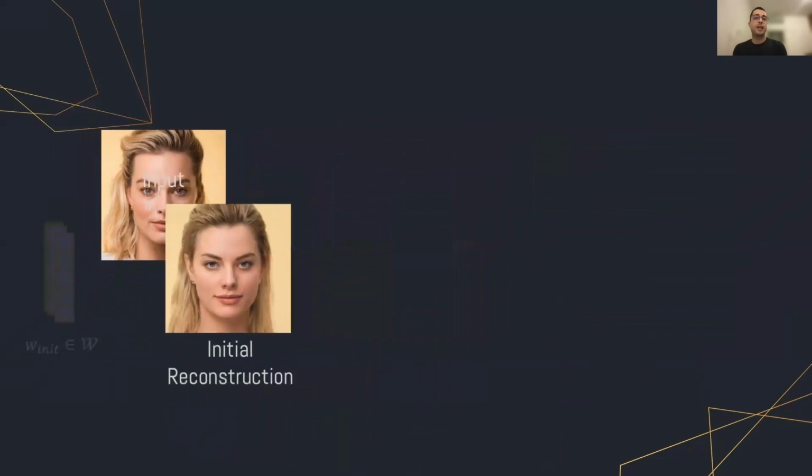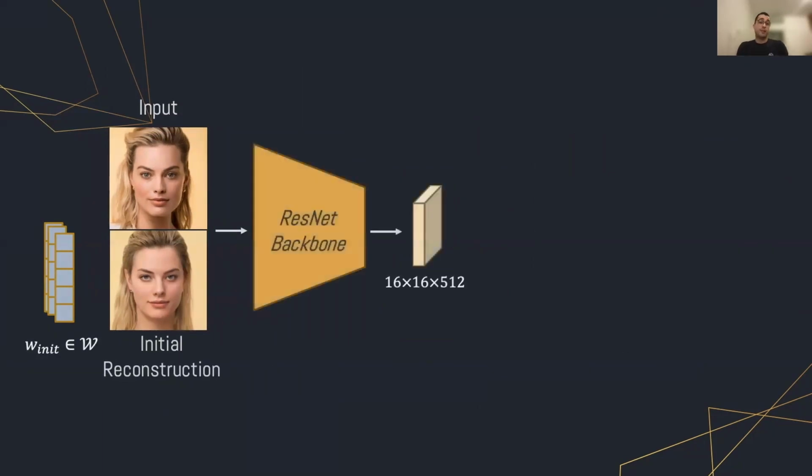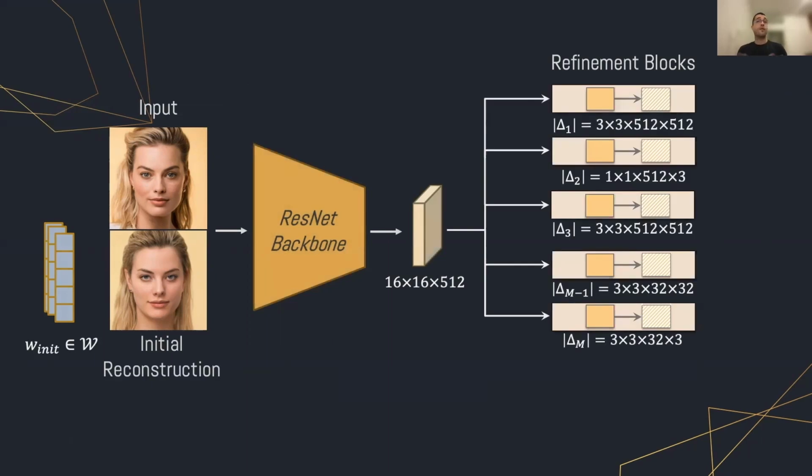So how do we design this hypernetwork? We'll take our input image and an initial reconstruction that corresponds to the latent code w_init, and pass both images, like we did with Restyle, to our ResNet backbone to obtain a shared feature map of size 16 by 16. And this is where the hypernetwork comes into play. We're going to have a set of refinement blocks. What is each refinement block?